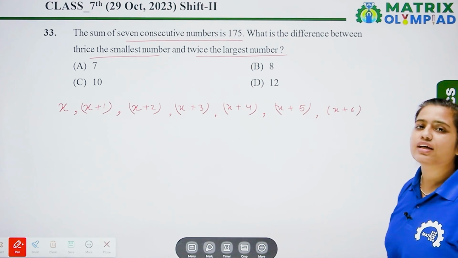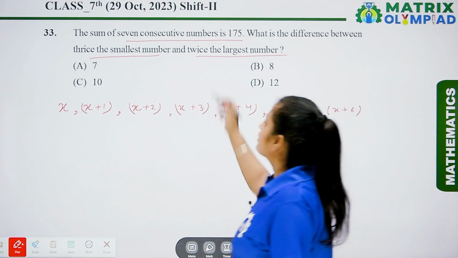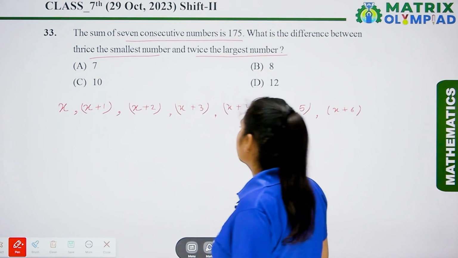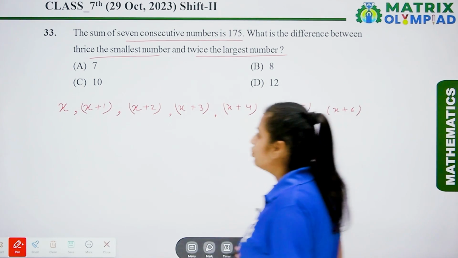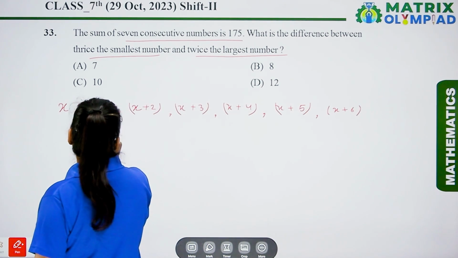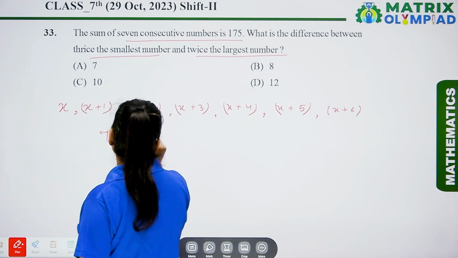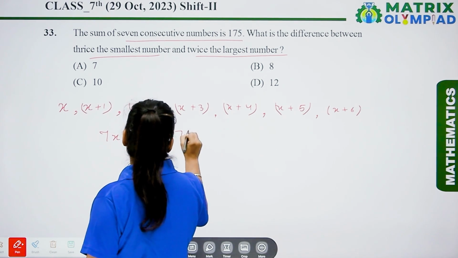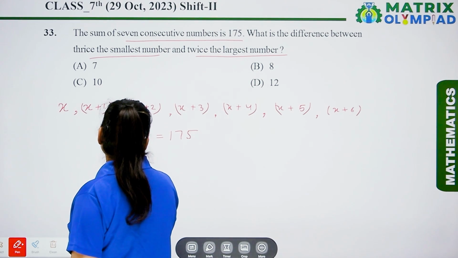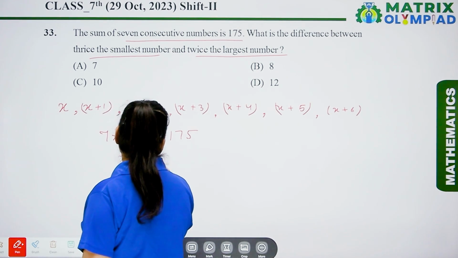So here these are the consecutive numbers and the sum of 7 consecutive numbers is 175. So after addition, we get the sum of these numbers, that is 7x plus 21 equal to 175. So here let's find out the value of x.